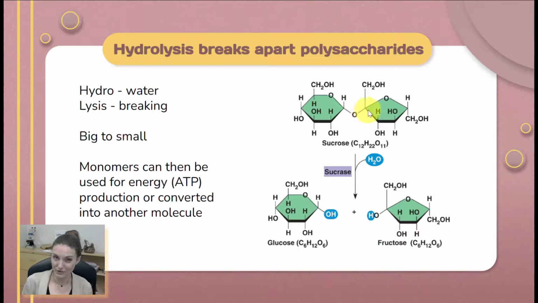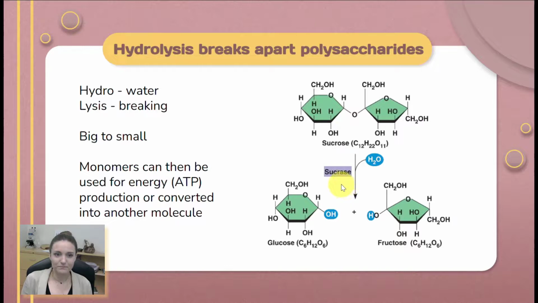So hydrolysis is how we turn a larger molecule, a polymer, into its monomers. And we'll see this with other biological molecules as well. Hydrolysis is the main reaction for how we break down those polymers into their monomers. And then these monomers, our cells are like, cool, glucose, fructose, those are easy to make ATP from, so these are good to go.